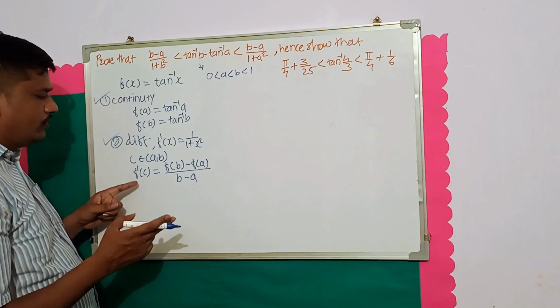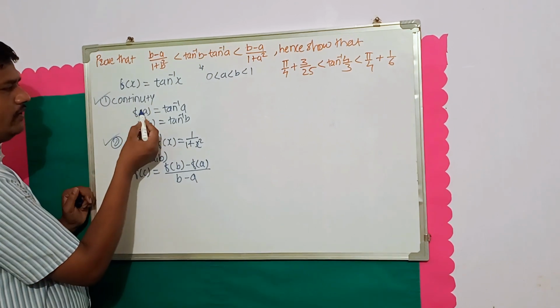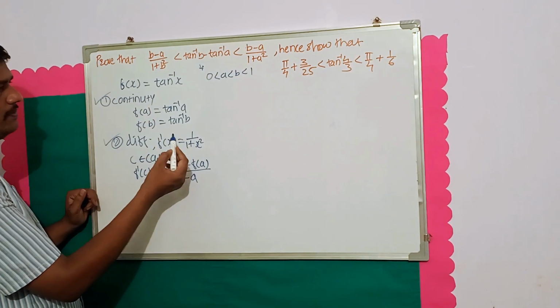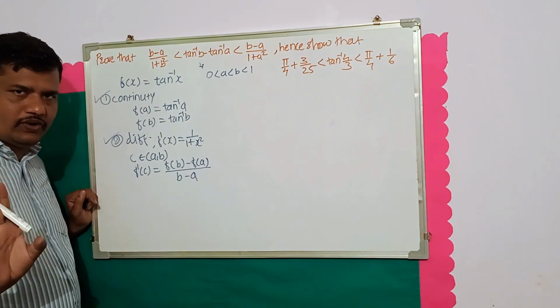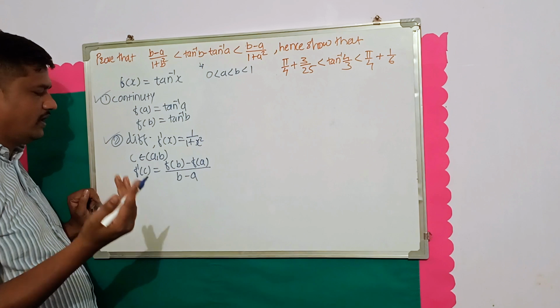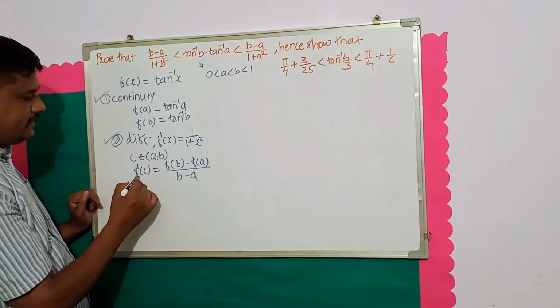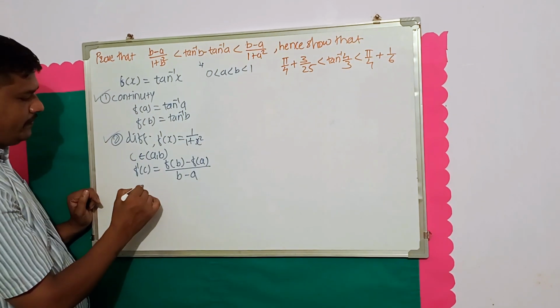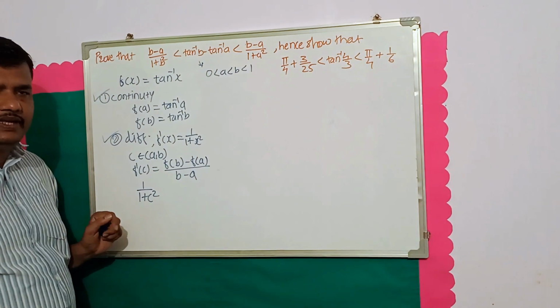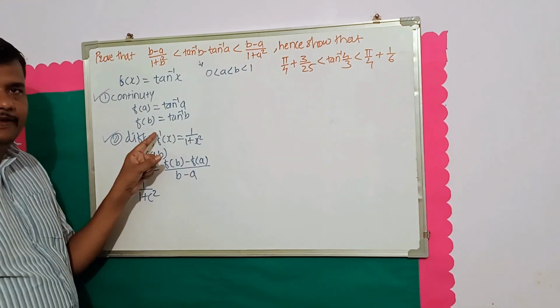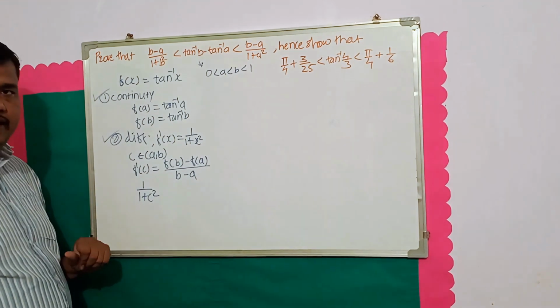Here, if I put in all these values, we have f of a, f of b, f dash of x, and also a and b. We don't have any numbers for a and b, they are just a and b. So f dash of c becomes 1 upon 1 plus c square, because x is replaced with c.